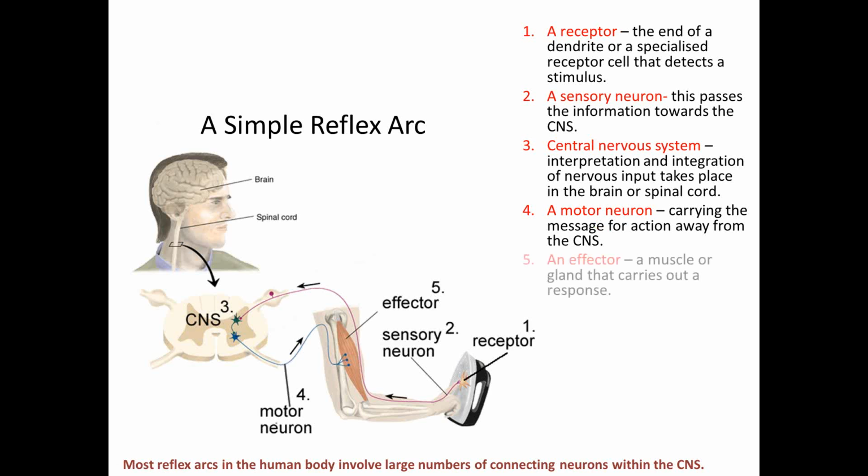And finally, there's an effector, a muscle or gland that carries out a response. And in this case, it's the biceps muscle here. Biceps muscle contracts and pulls the finger or hand away from the hot iron.